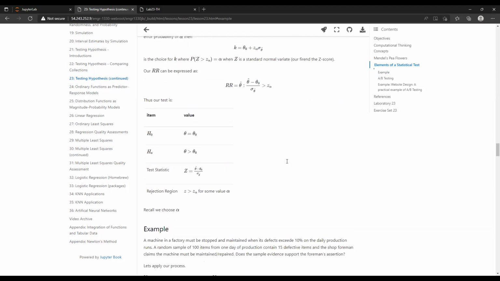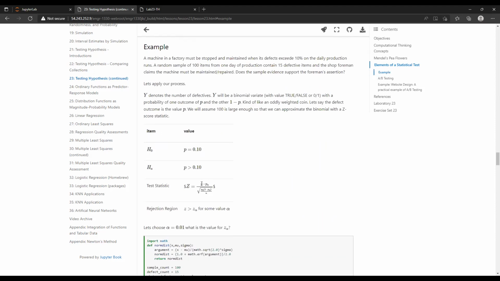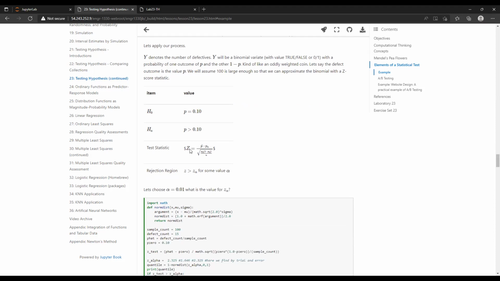This is the formula from up above, where p is our likelihood. So we have the sample mean minus the one we're looking at over the square root of the one we're looking at times 1 minus that over n. Not super important, you know the derivation of these formulas.